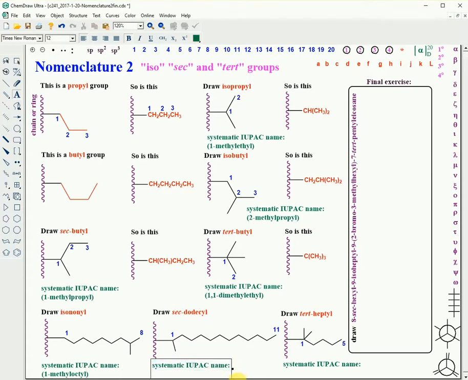Here, a 1-methyl undecyl. And here, a 1,1 dimethyl pentyl.